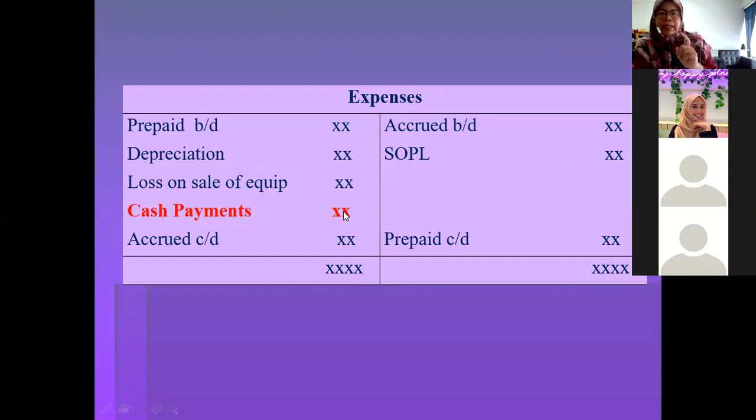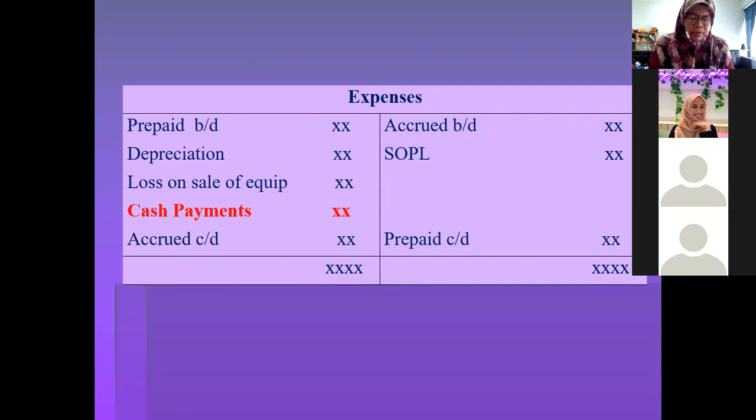Ada lagi satu method, okay, to do this expense. You transfer prepaid, you transfer accrued, fine, okay, BD. You transfer accrued CD, you transfer prepaid CD, fine. Tapi bila you transfer from the SOPL, you take only amount which involve cash. Okay? So look at your question, page 287. Okay, SOPL.